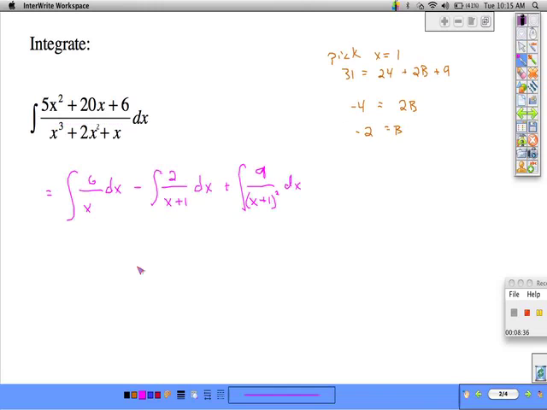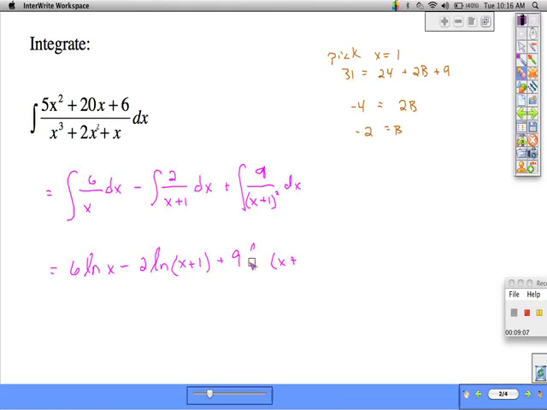And these are all simple integrals to find. Six times the natural log of x minus 2 times the natural log of x plus 1 plus 9 times the natural log of x, not the natural log.